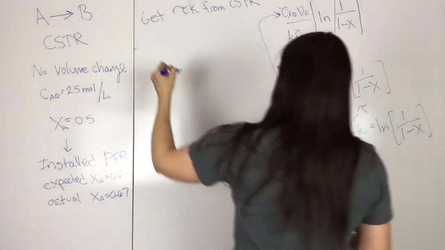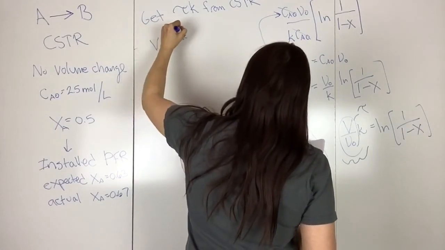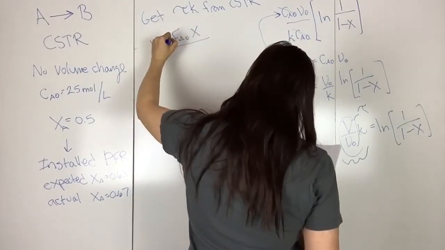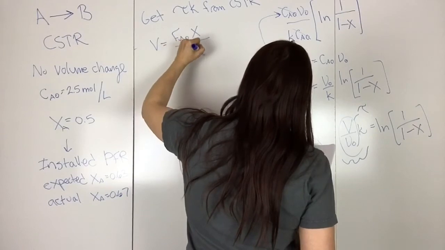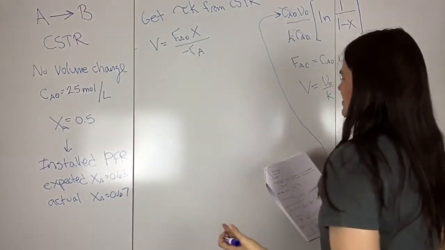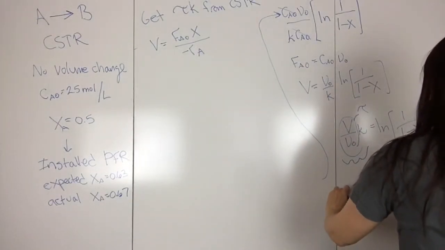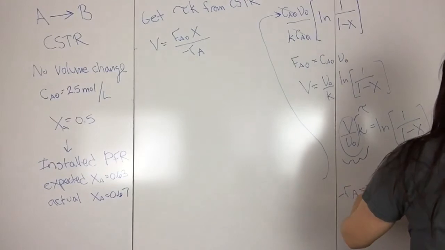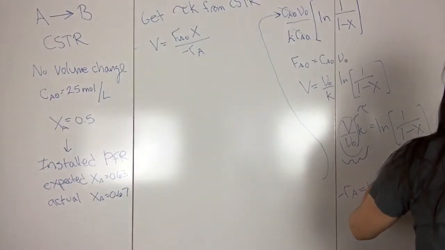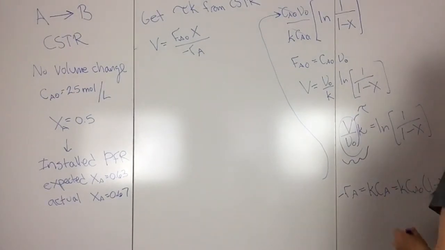So writing down the CSTR design equation, we have V is equal to F_A0 X over the rate. We already know the rate because we're using the same rate as before, minus r_A is equal to k C_A, which was k C_A0 (1 minus X).